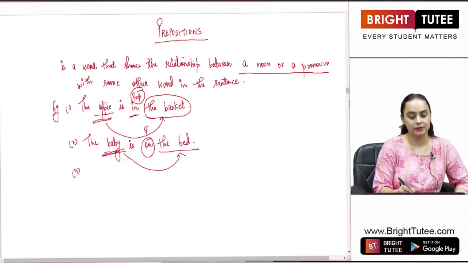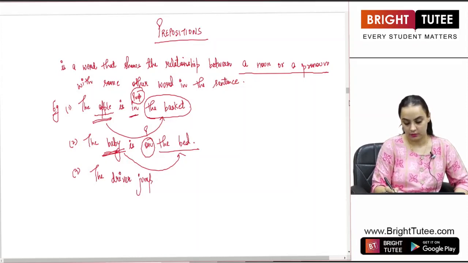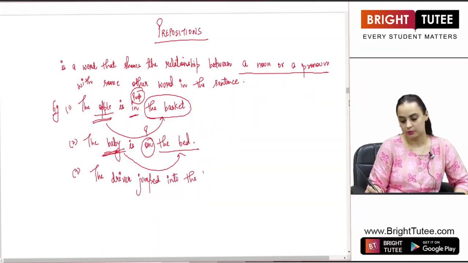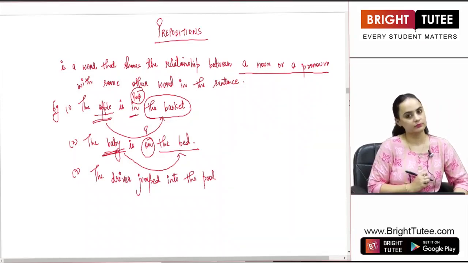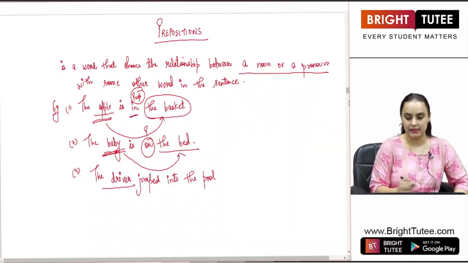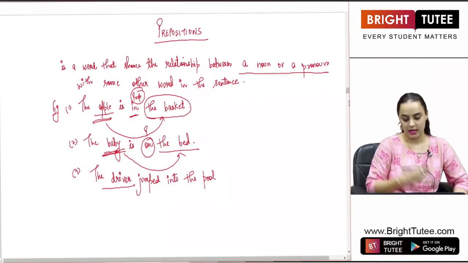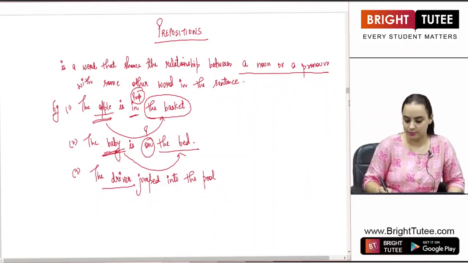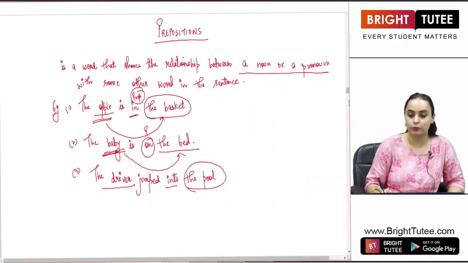If we take another example, the driver jumped into the pool. What is my noun in the sentence? Driver. Where did the driver jump? Into the pool.